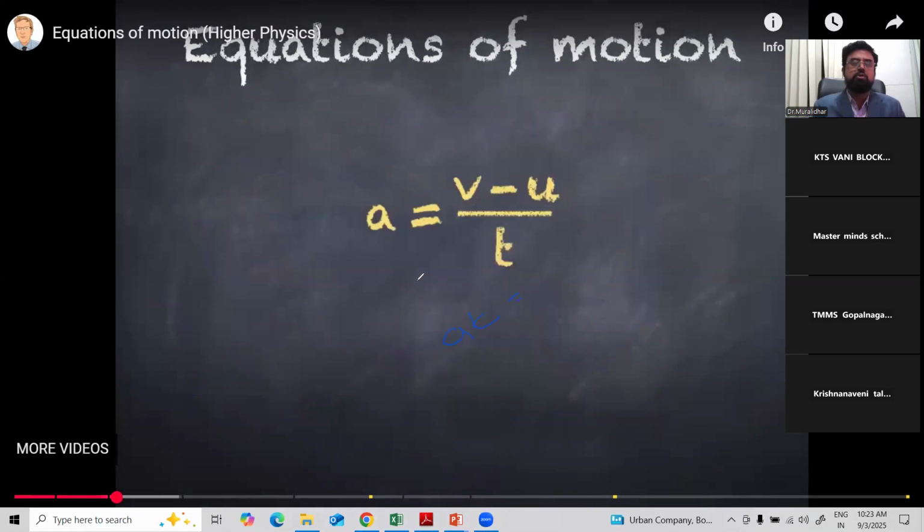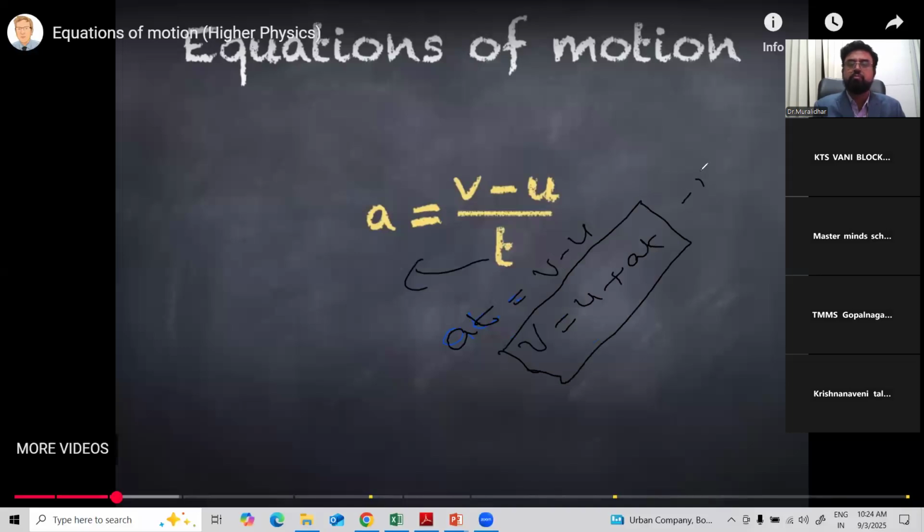AT is equal to V minus U. Correct? T I took to this side. So minus U bring to this side. So V is equal to U plus AT. So the first equation of motion is a simple derivation, derived from acceleration only. A is equal to V minus U by T, or V is equal to U plus AT. That is the first equation of motion.